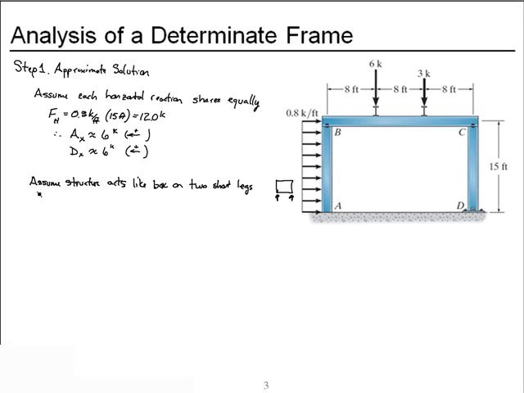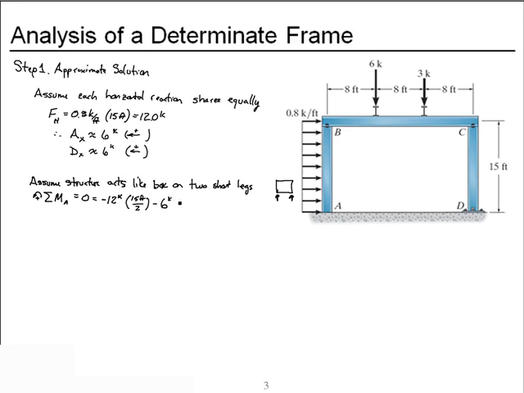If we make that assumption, and sum moments about point A, we're going to get the 12 kips horizontal force acting through a height of 15 over 2 feet.